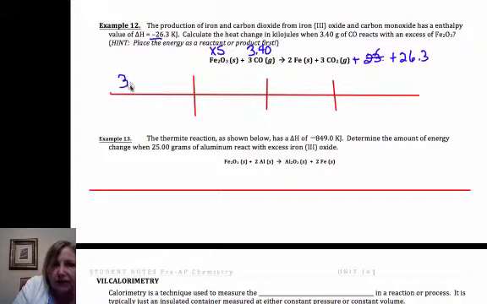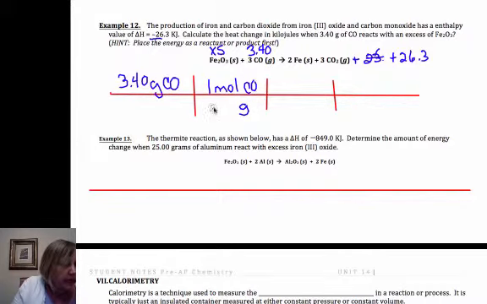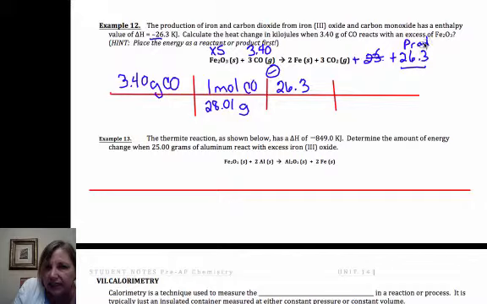So I have 3.40 grams of carbon monoxide. I want to get rid of grams and go to moles of carbon monoxide, and the molar mass for carbon monoxide is 28.01 grams. Now this tells me I'm going to release energy. I'm going to put a little negative sign up there as a reminder that I'm releasing energy because it's exothermic. The heat was a product.